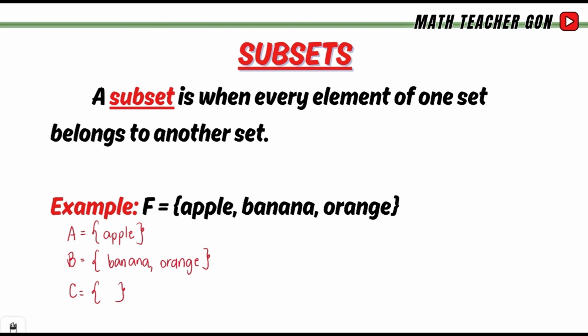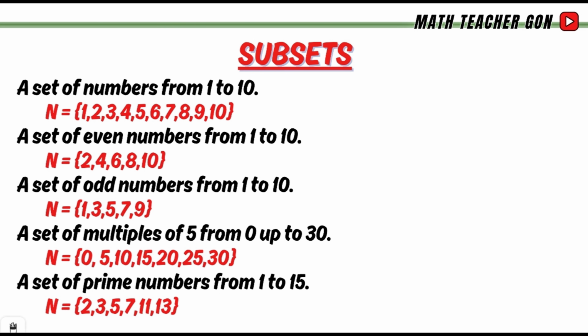Now let's take a look at this one. Going back to our examples a while ago, let's name some subsets. You have the set of numbers from 1 to 10. Let's use A, B, C for the subsets. Let's have A: 2, 4, 6.